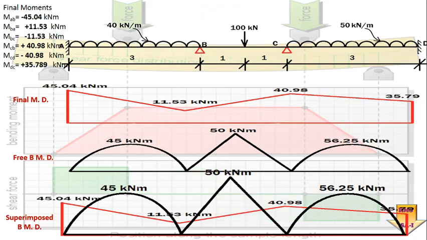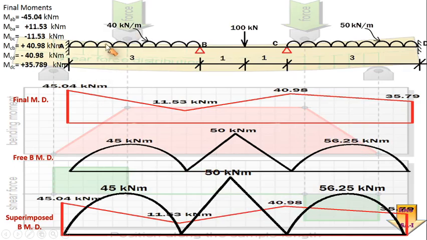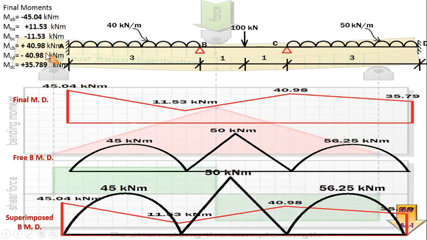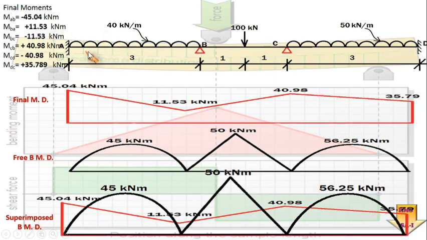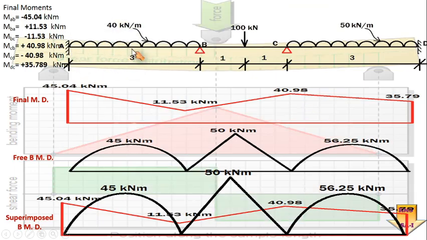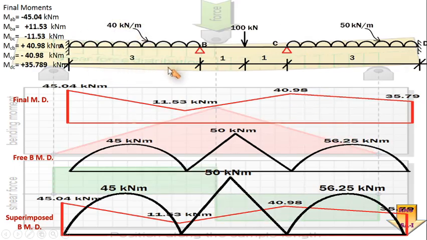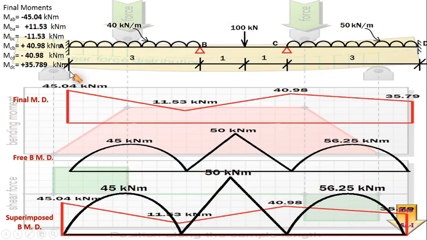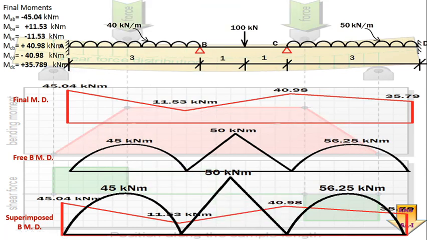In that case, we consider an individual span AB, show all the active and reactive forces along with the final moments, consider the equilibrium of that particular part AB, and then take a moment about point A or B, and after taking that moment there will be only one unknown remaining, and that will give you definitely the value of the support reaction about that particular span of the beam under consideration.